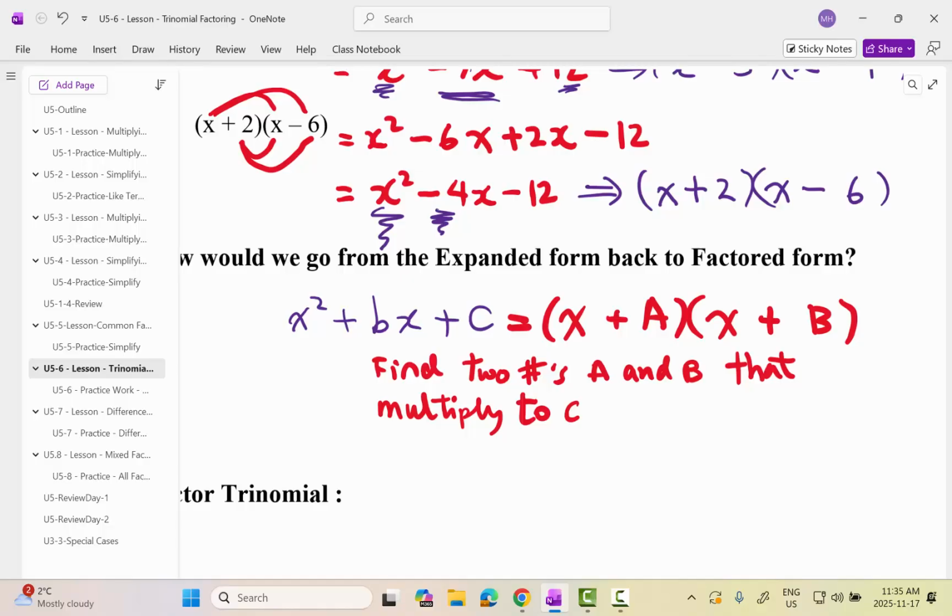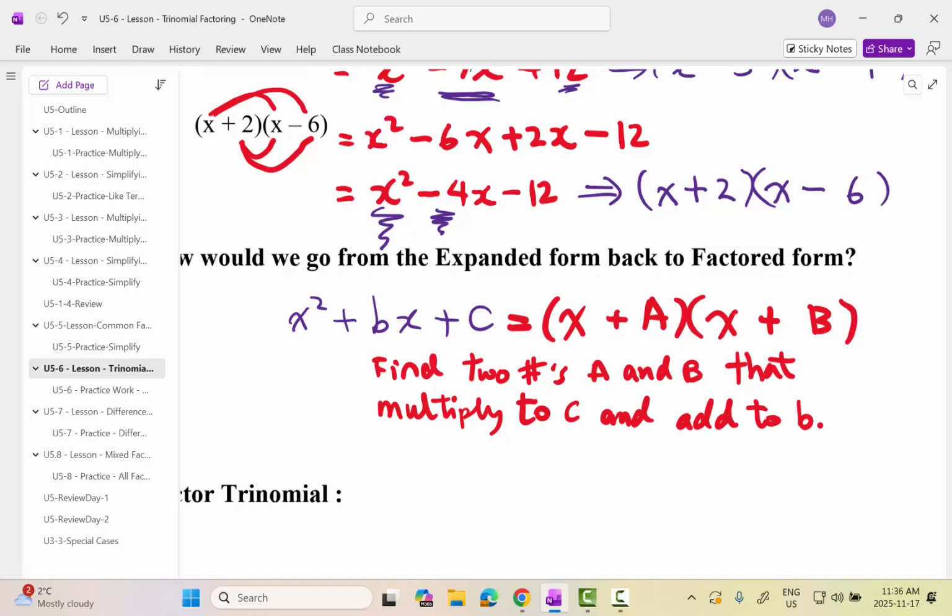But at the same time, A and B have to also add up to B. You understand that? So they multiply to C and add to B. Does that make sense?